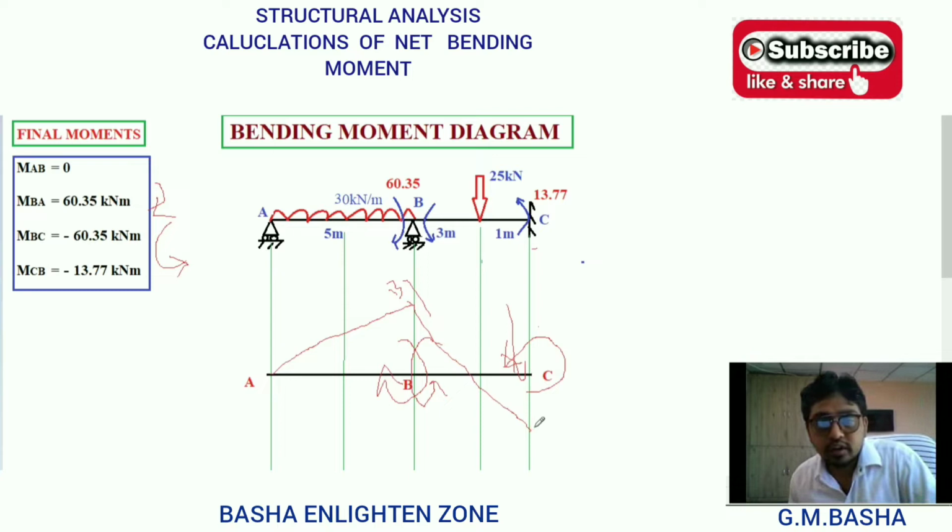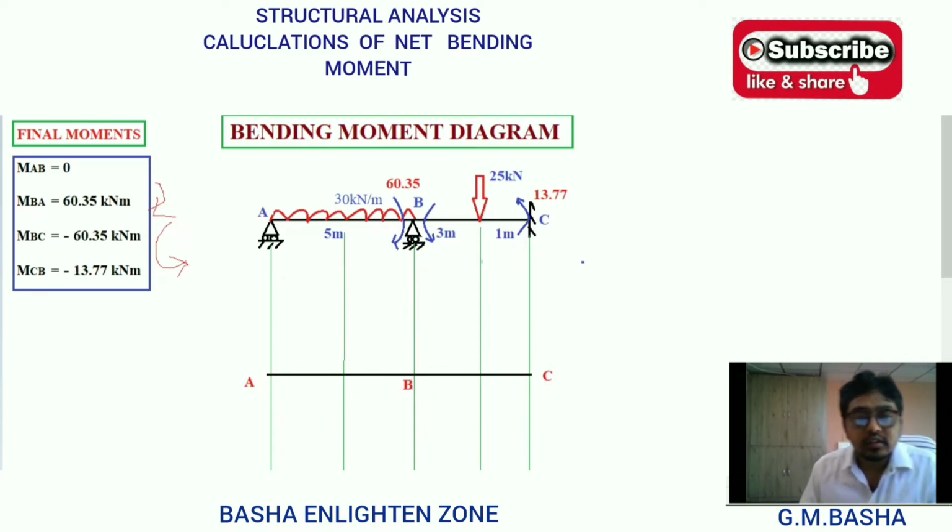I will show you here. See here, whenever a force is applied like this, it will move in the forward direction, and that will be 60.35. If you add these two, with zero moment.